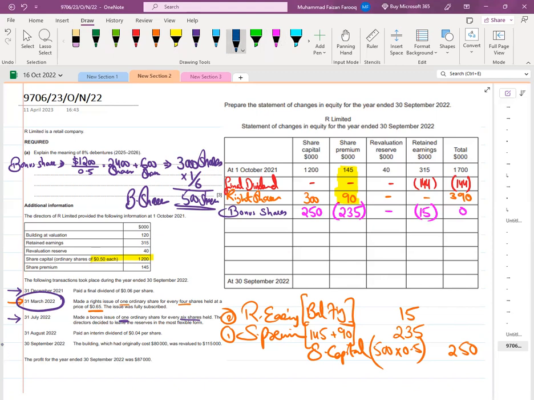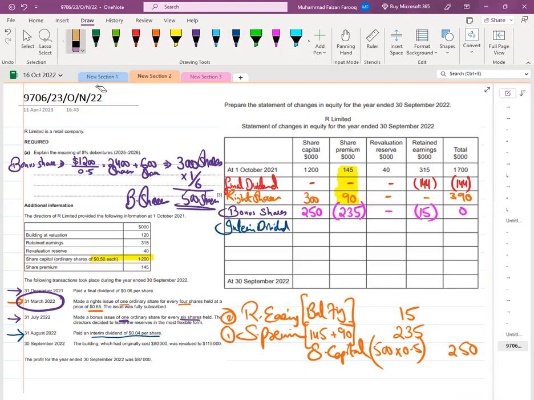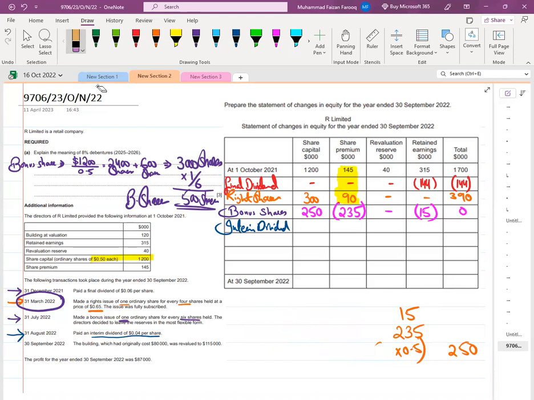Then I would like you to read this next line after you copy the bonus work. Again, dividend. Yeah, I read it. Interim dividend. Very, very carefully. This is the dividend. Okay, no problem. Dividend is 0.04 per share.